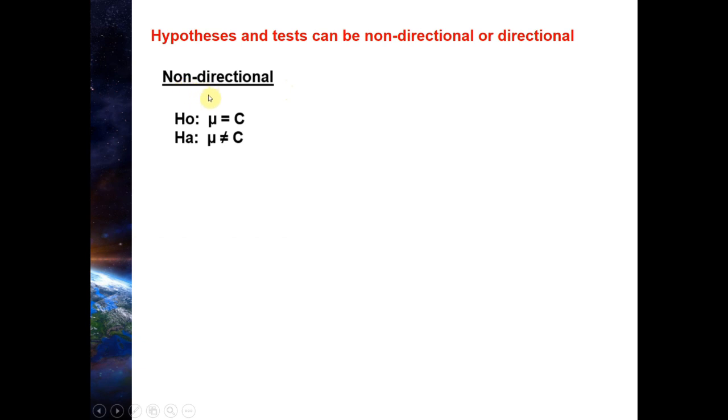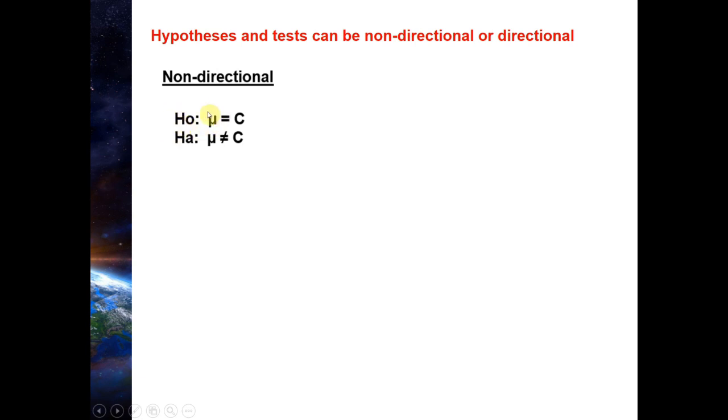These hypotheses here are non-directional. And remember, if they are non-directional, then you're going to have to run a two-tailed test. In order to use a one-tailed test, your hypotheses must be directional. So again, these are non-directional hypotheses, which means you have to run a two-tailed test.